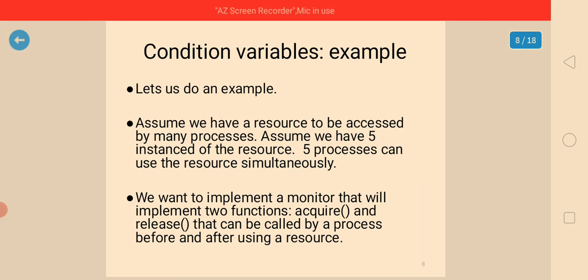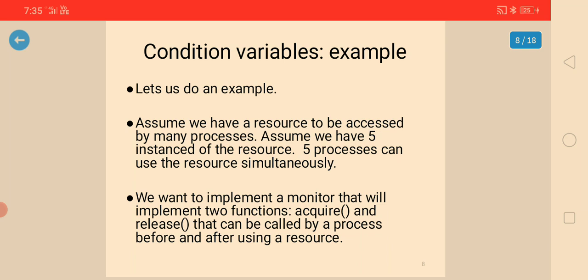So condition variable, here is one example. Assume that we have 5 instances of resources and 5 processes can use the resources simultaneously. We want to implement a monitor that will implement 2 functions, acquire and release.